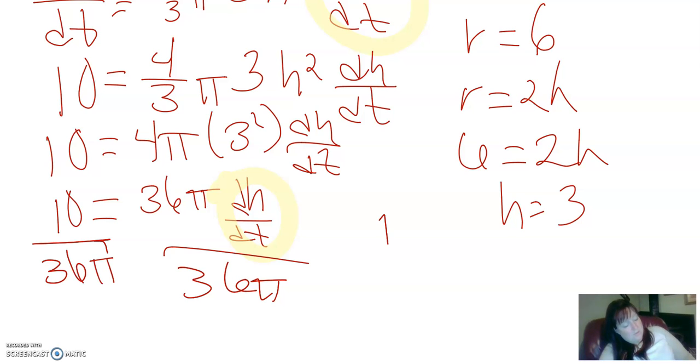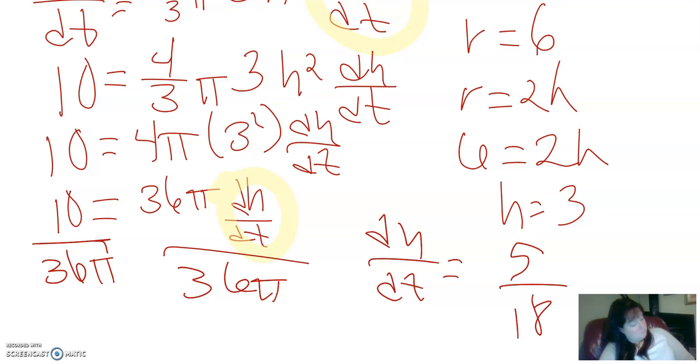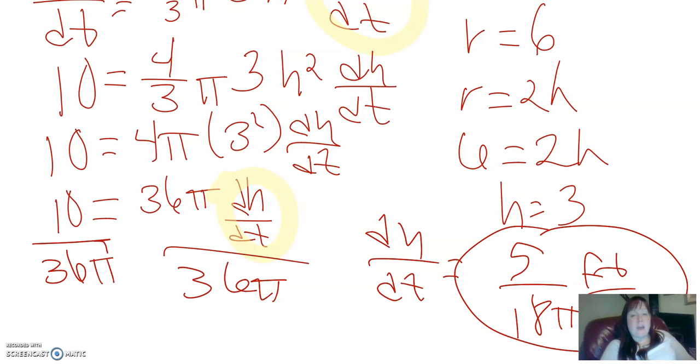And we come up with dh/dt equals 10 over 36 pi, which simplifies to 5 over 18 pi feet per minute. That's how fast the height is changing with respect to time for those very specific conditions that we were given.